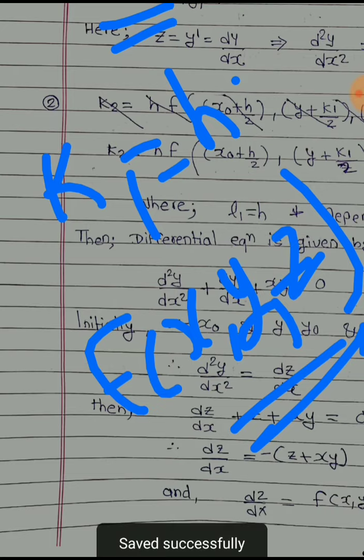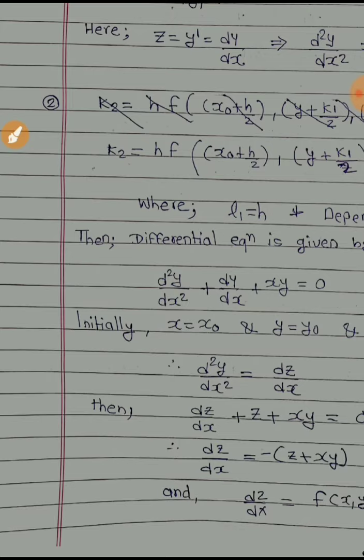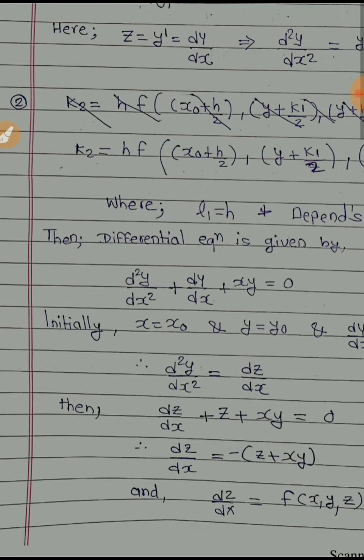It means your function f of x y, which we were considering up till now, can now be a function of x, y and z in second order. And what is that z, we are going to see. Here z is equals to y dash, which is nothing but dy by dx.